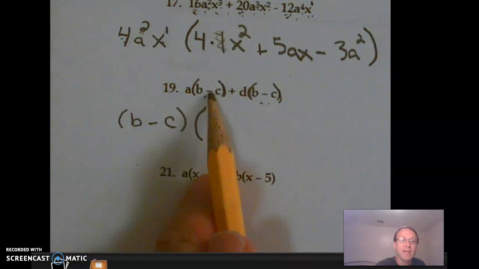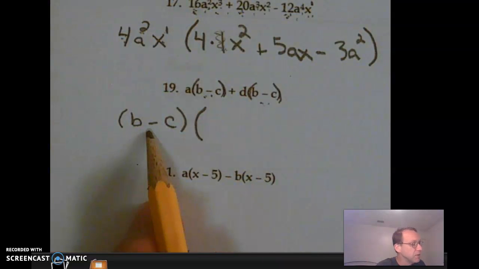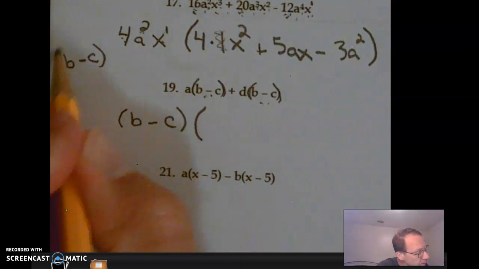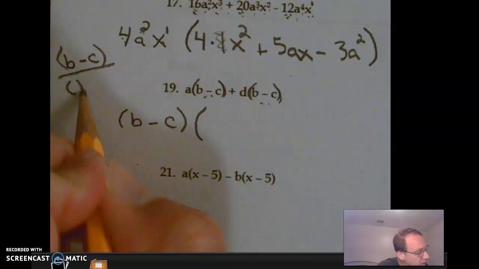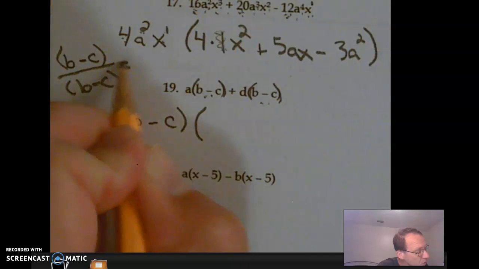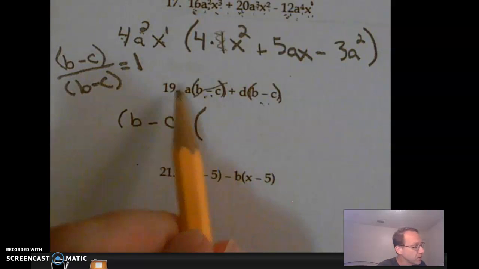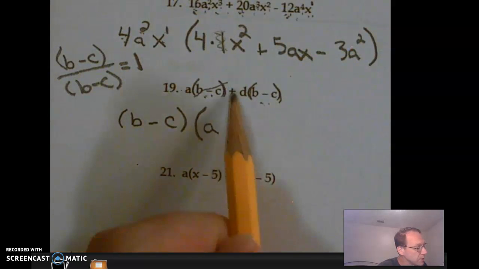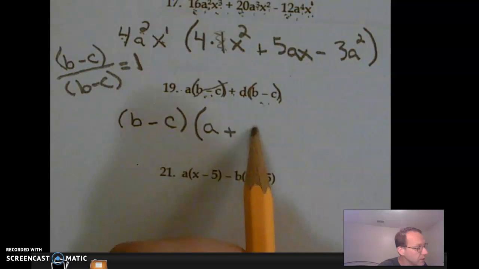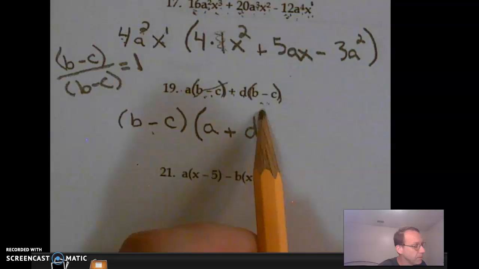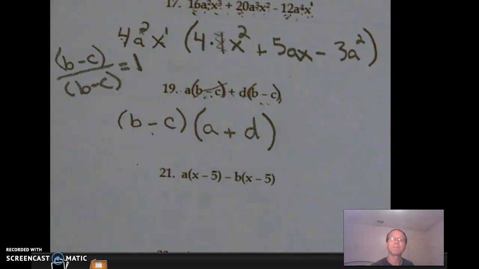So b minus 7 divided by b minus 7 is 1. Remember what I told you. Anything divided by itself is always 1. So that's going to cancel, leaving us with a. Bring down the plus, bring down the d. b minus 7 divided by b minus 7 is 1. And that would be your answer.